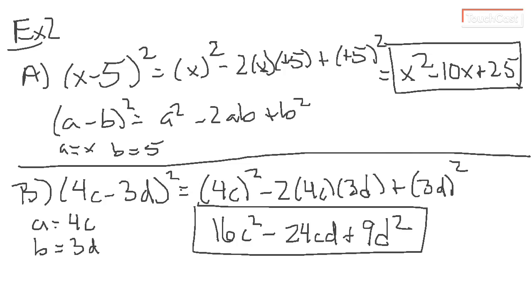And I only have one other special type of product of binomials to go over with you. So we've looked at what we would do if we took a plus b and squared it, a minus b and squared it, but what if we have a plus b times a minus b? This is another special product of a binomial.